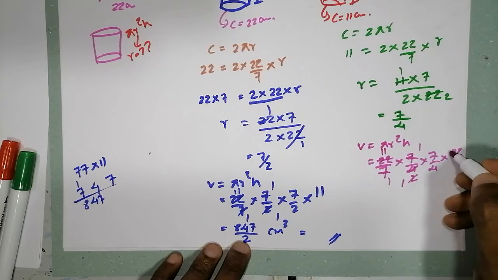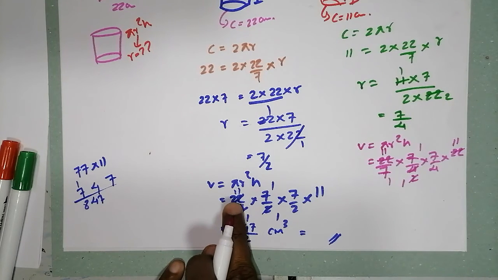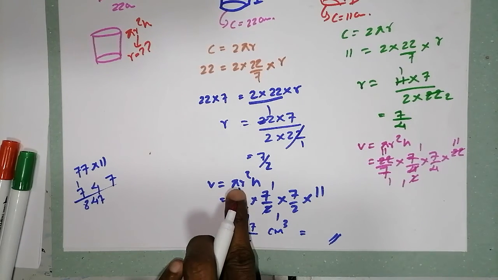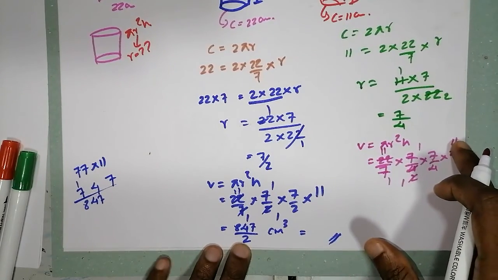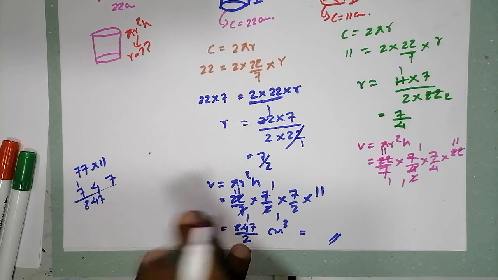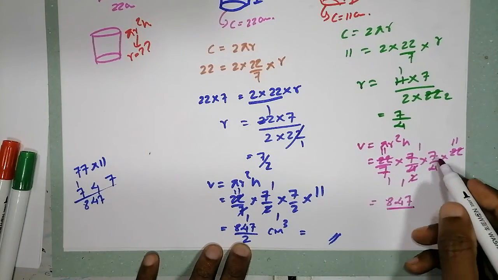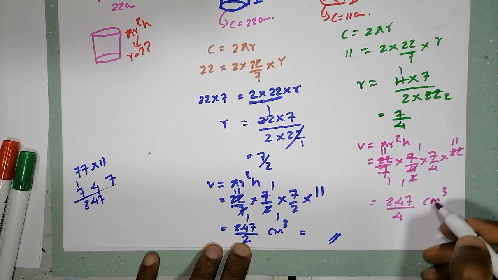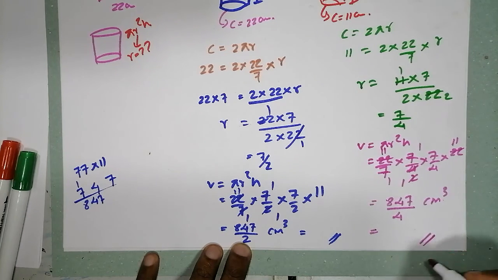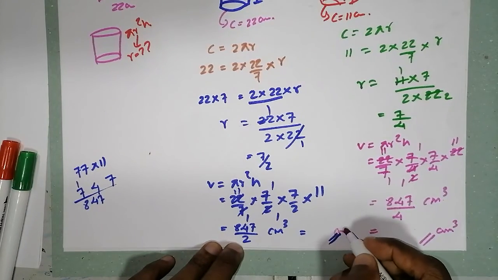Divided by 2 again, it's 1, another 11. So we have the same values as before: 11, 7, 11. The answer is 847 over 4 centimeter cube on the denominator. You know how to change it into a decimal value, so change it to a decimal value.